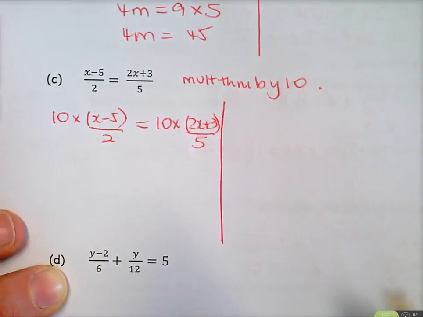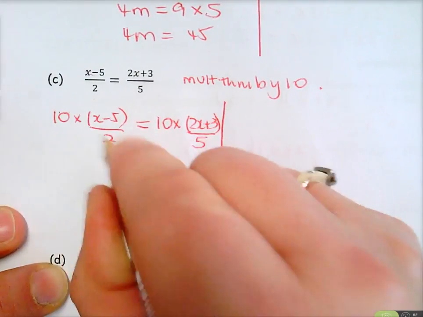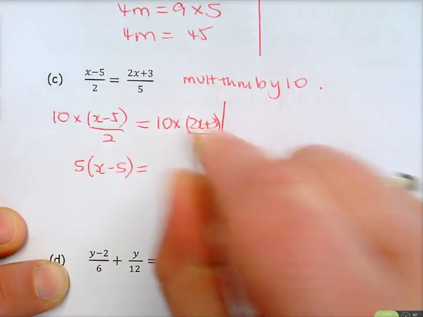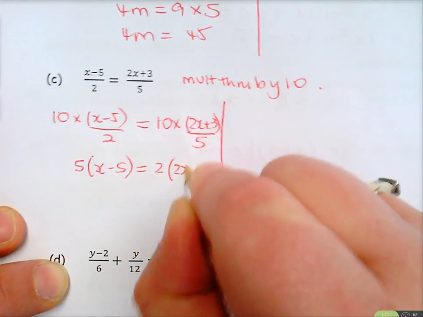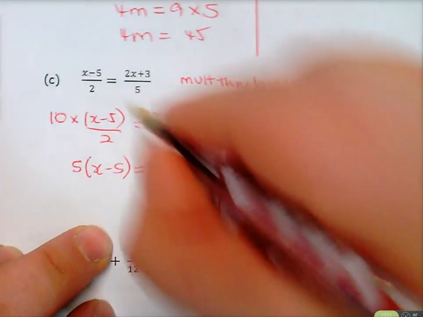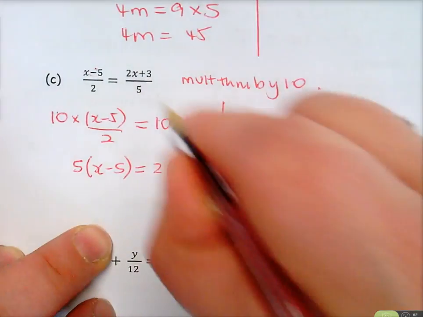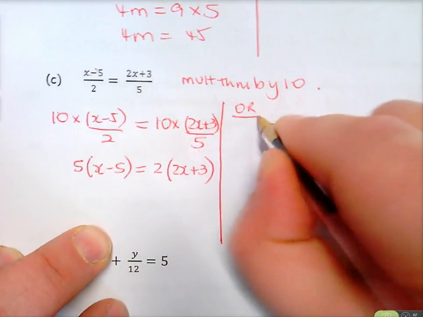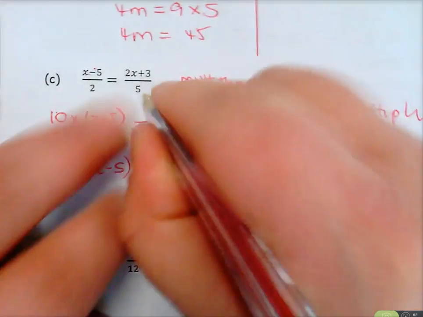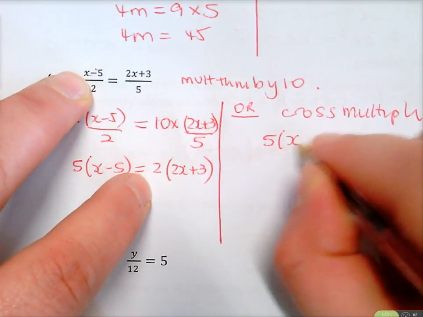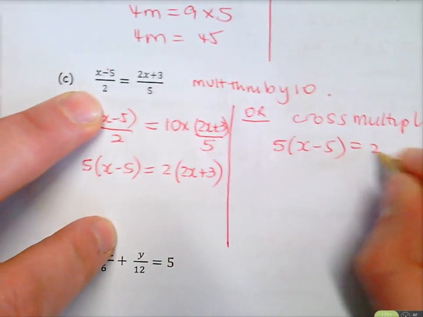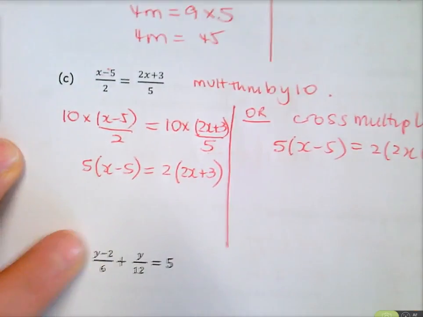Now the idea of doing this is that we get cancelling. 10 over 2 is 5, and 10 over 5 is 2. Now that is identical to if we cross multiplied. So if we decide to cross multiply, but that is only for fraction equals fraction, we go 5 times (x minus 5) equals 2 times (2x plus 3).